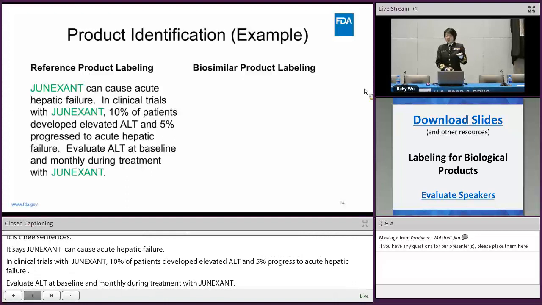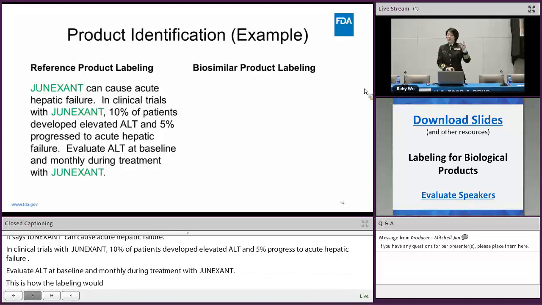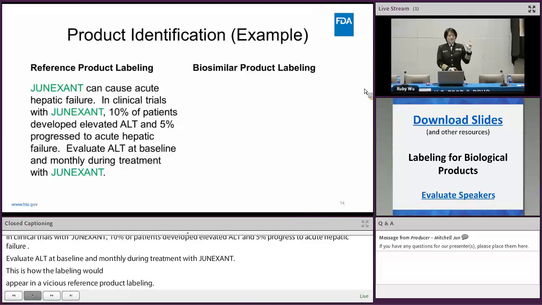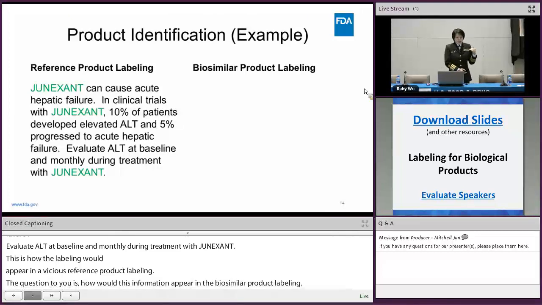So the question to you is, how would this information appear in the biosimilar product labeling? You'll have to use the information that I just presented in the previous slide, and we're going to walk this through sentence by sentence. In the first sentence, Junexant can cause acute hepatic failure, we're discussing a risk that is applicable to both the biosimilar product and the reference product.